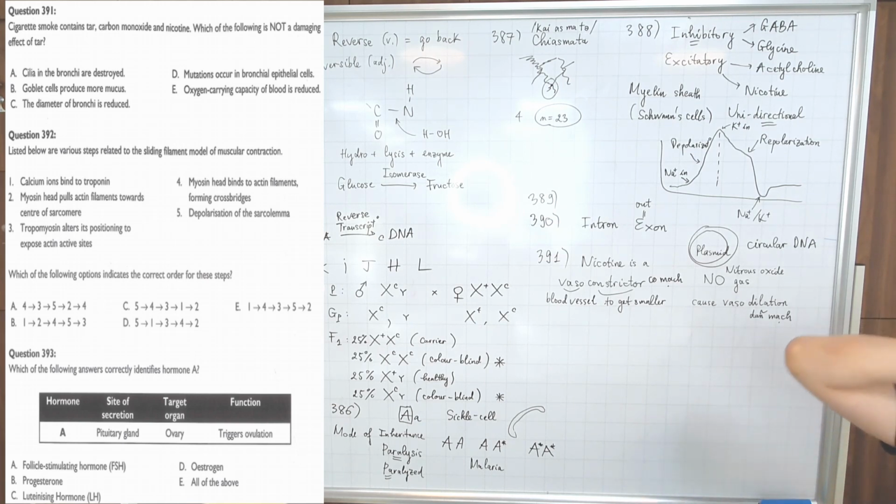Now, so diameter of bronchi reduced is caused by nicotine, not tar, right? So maybe C is the right one. D. Mutations occur in bronchial epithelial cells. Những cái đột biến bị gây ra trong những tế bào biểu bì ở cái phế quản.